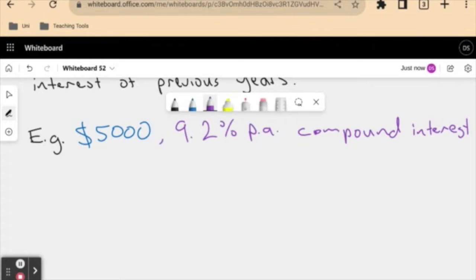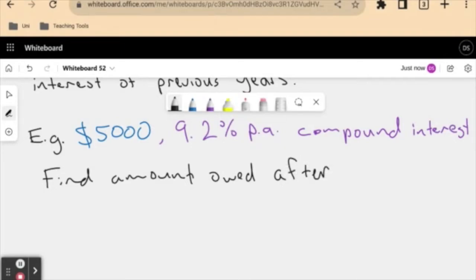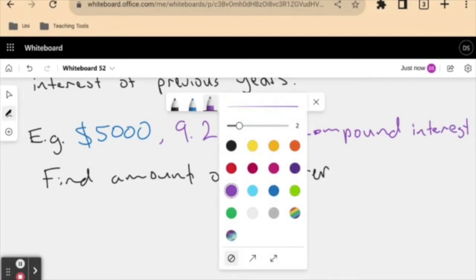And we want to calculate the amount. So we want to find the amount owed after, let's say, 9 years.